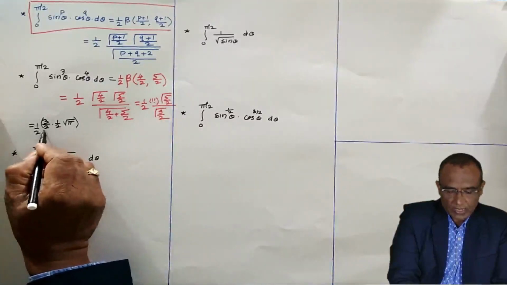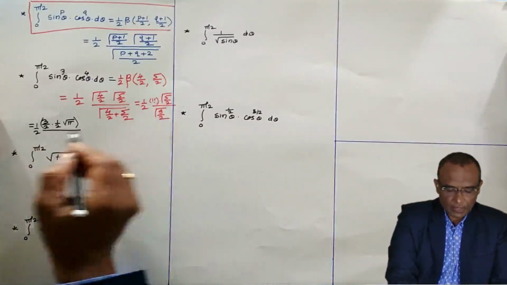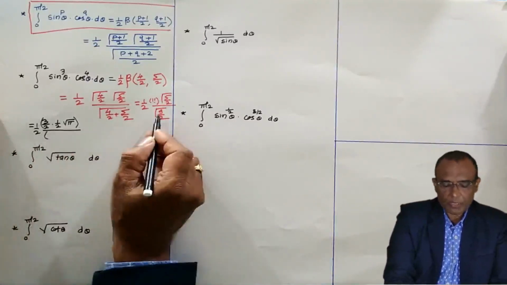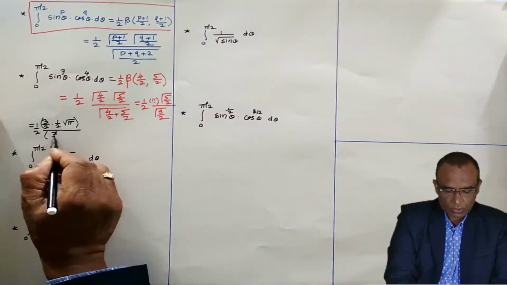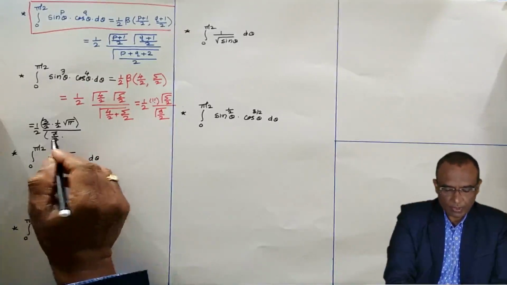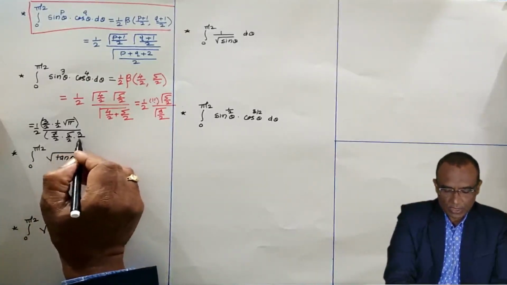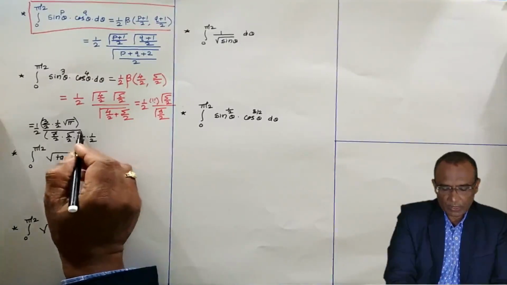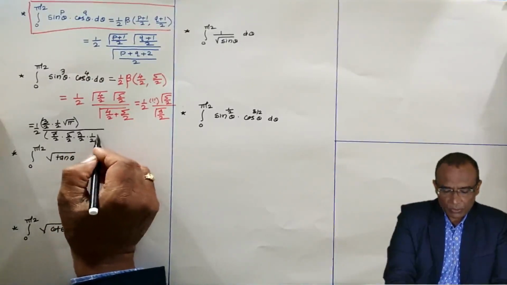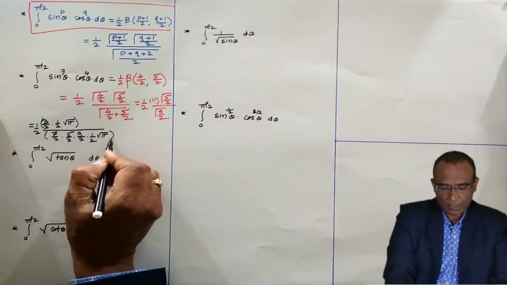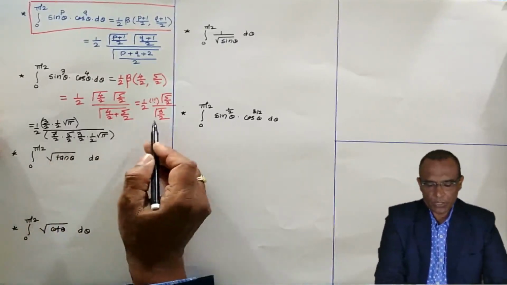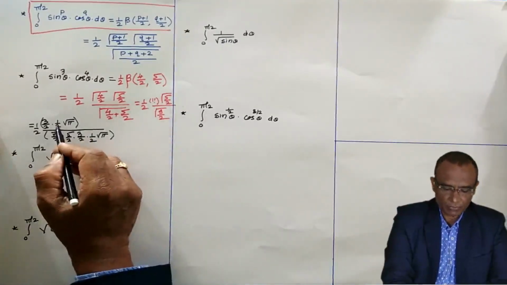This 2 is as it is here. Gamma 9 by 2, how to write? Subtract 1 by 2, subtract 1 by 2, again subtract 1 by 2, and you have to continue up to 1 by 2, and after 1 by 2, root pi. So this bracket is gamma 9 by 2, this bracket is gamma 5 by 2.